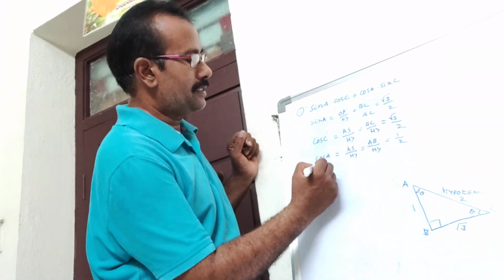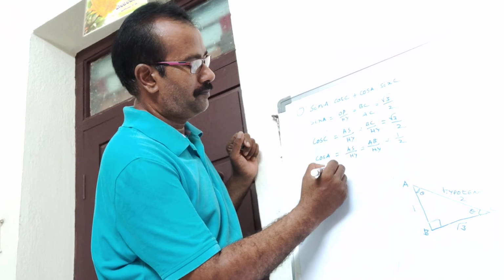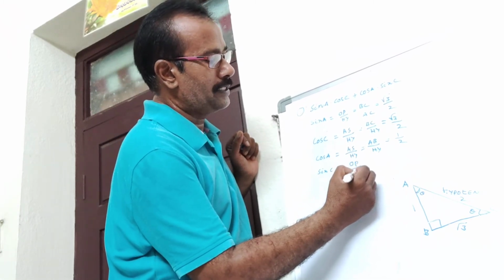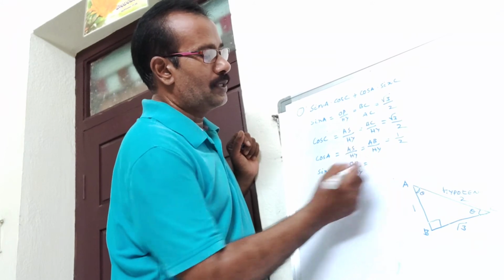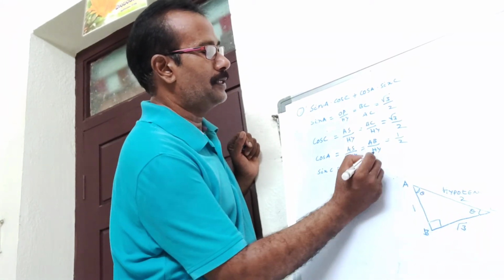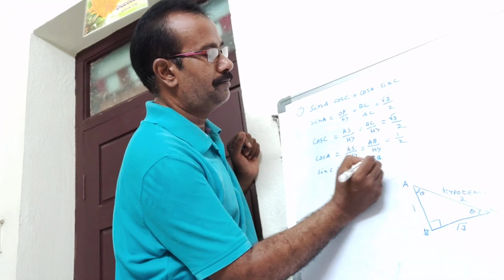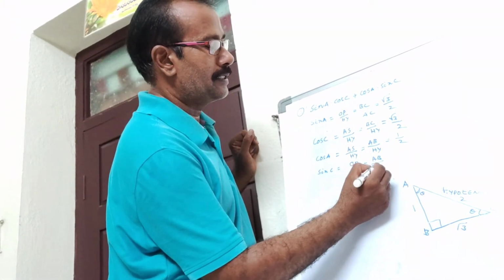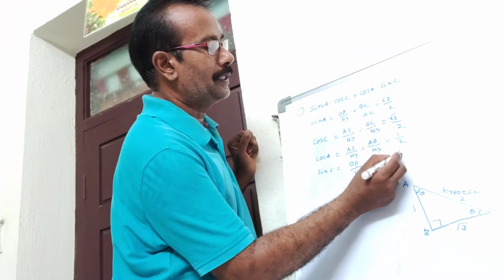Next sin C, opposite side by hypotenuse. According to C, what is the opposite side? AB, by hypotenuse, that is equal to 1 by 2.